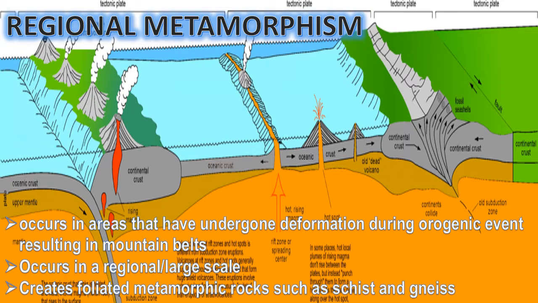It might be tsunamis, earthquakes, and movement of the plates, which result in mountain belts. It occurs on a regional or larger scale. So upon regional metamorphism, it creates foliated metamorphic rocks such as schist and gneiss.